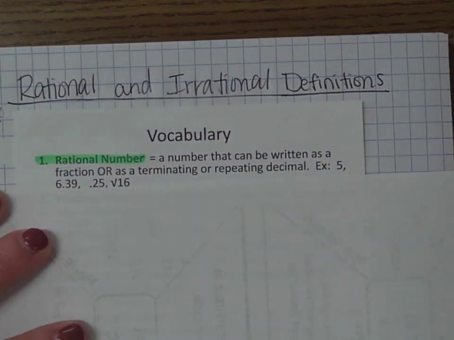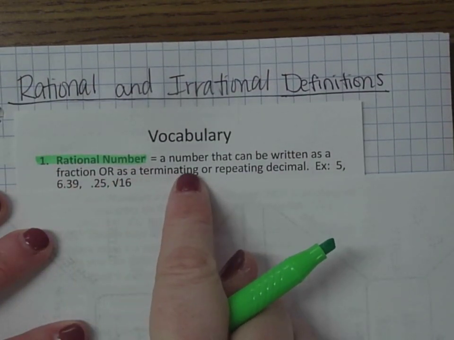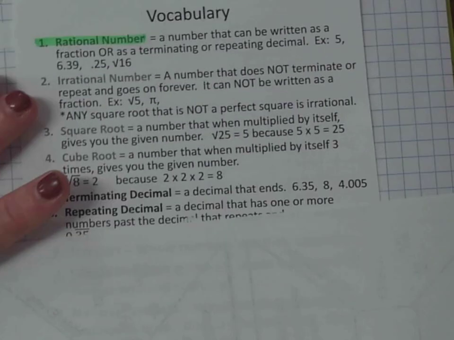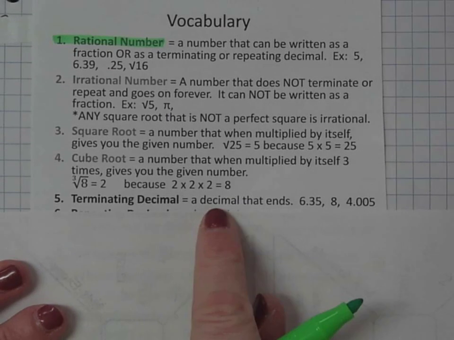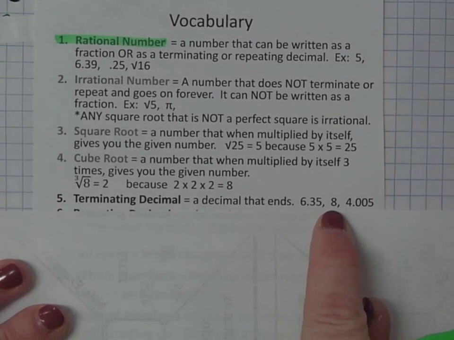So, rational number, a number that can be written as a fraction or as a terminating or repeating decimal. And then if you go down here, if you don't know what a terminating decimal is, a decimal that ends. So 6.35, 8.